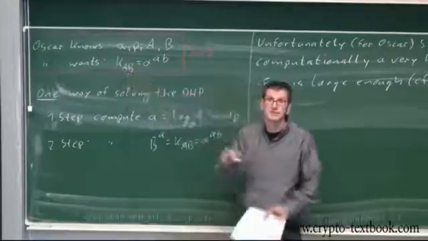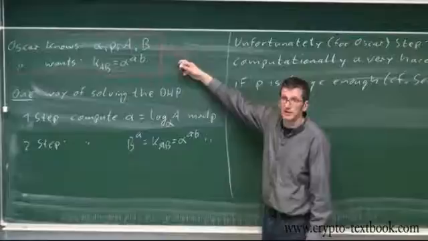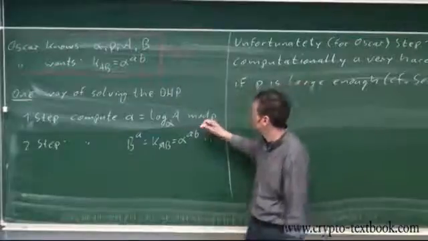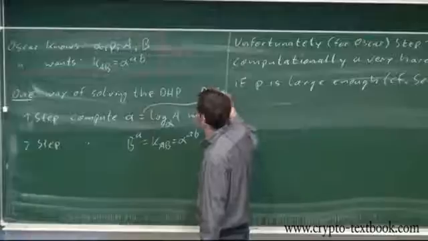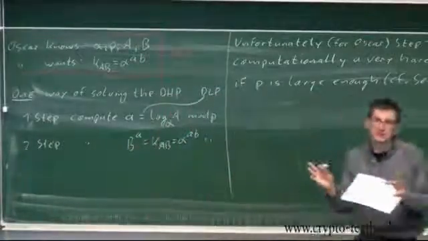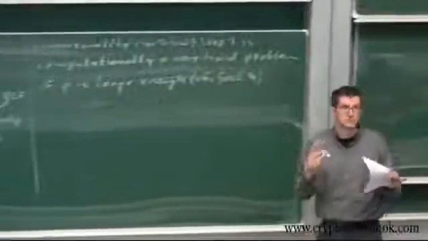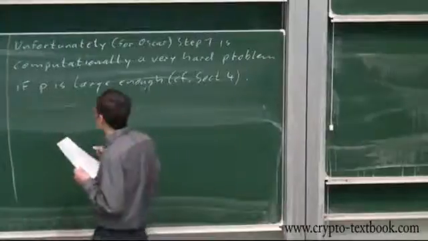And that's the difference between the Diffie-Hellman problem and the discrete logarithm problem. So that's a very important relationship between those two problems, and I want to write that down.